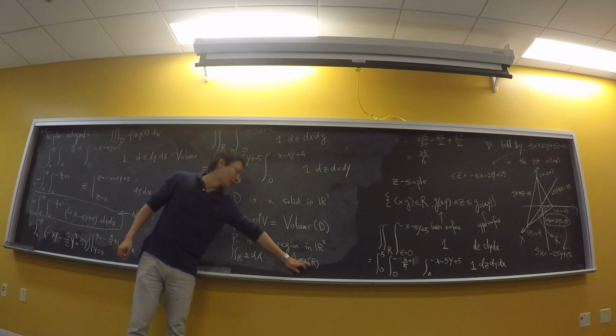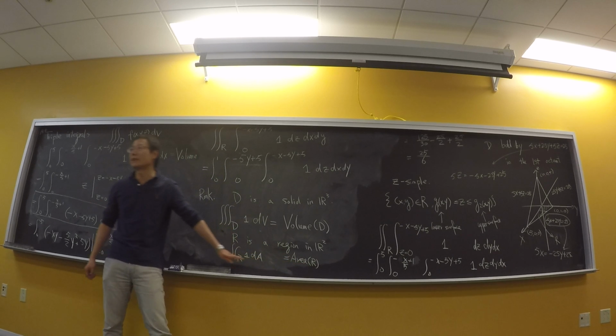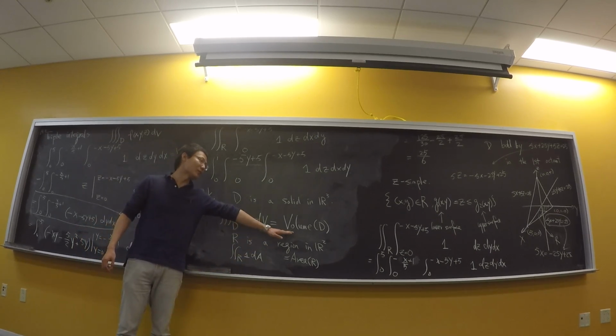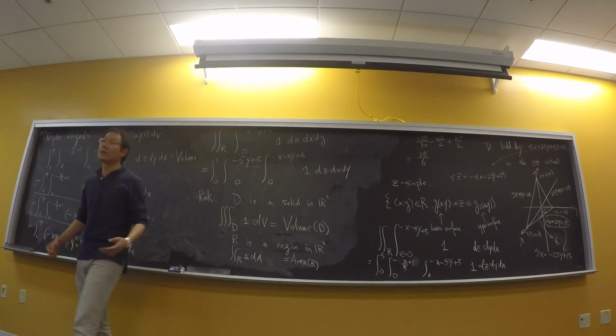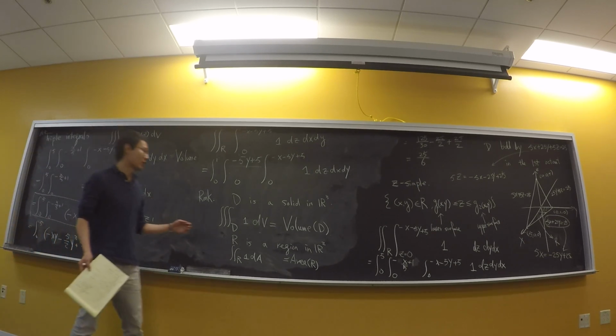If you have a region in R2, no matter how irregular it is, we can apply this formula to compute its area, which is pretty powerful for calculus. We can also compute the volume of any solid region in R3 by taking a triple integral. I will give you one application: using the triple integral to compute the volume of a ball.